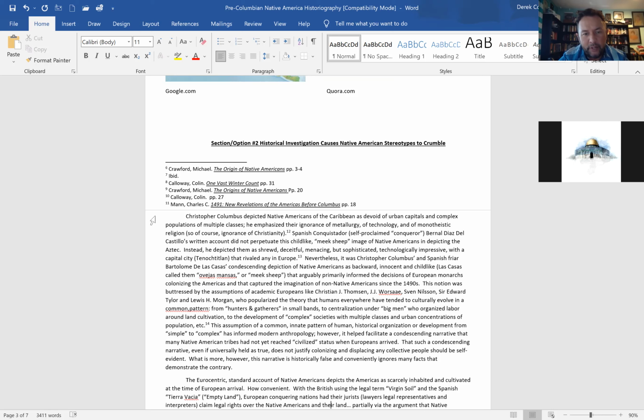But the problem is, right off the bat, you have to confront the possibility that their information could be erroneous or could be short on facts, for both intentional and unintentional reasons.